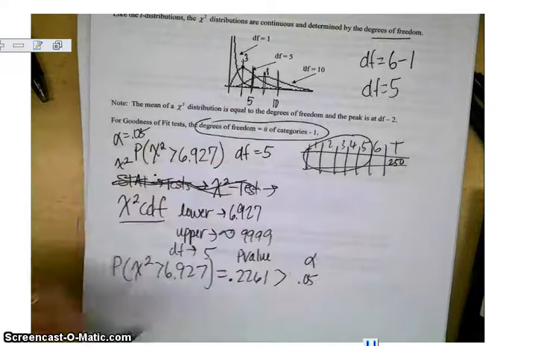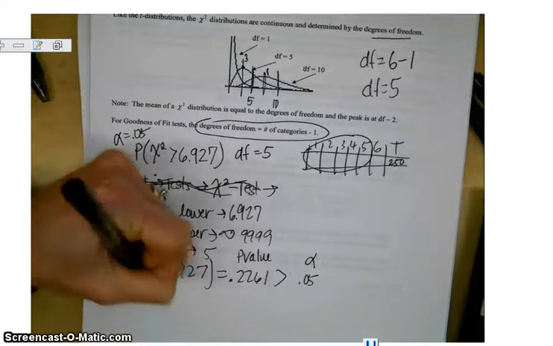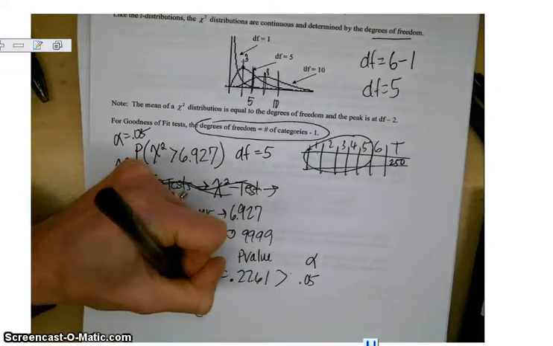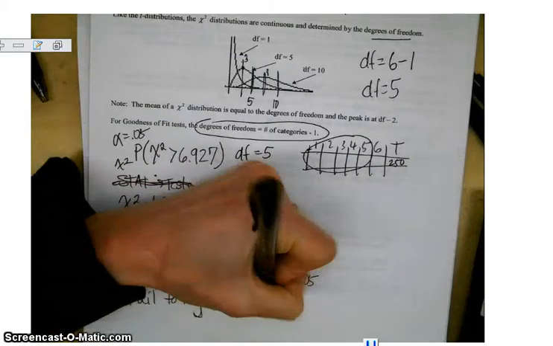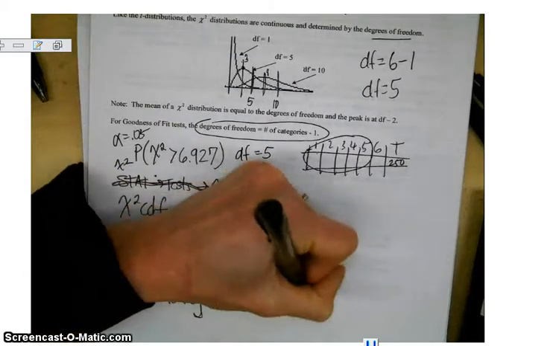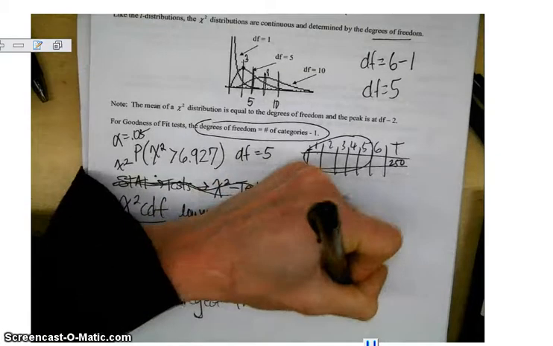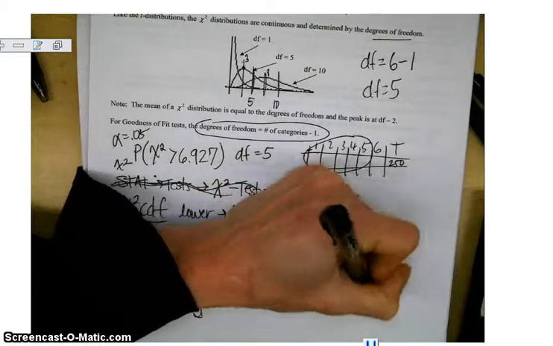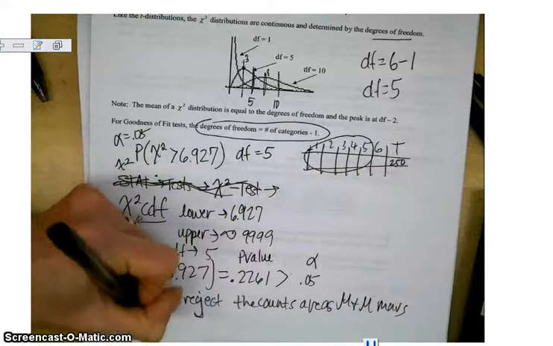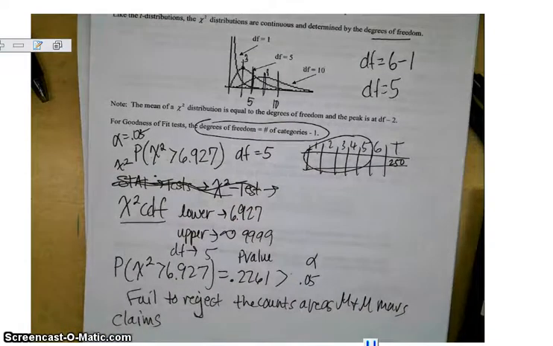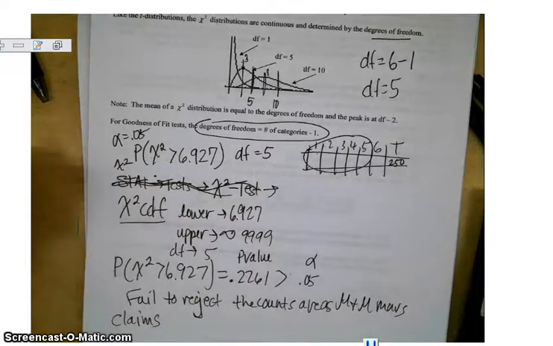It's greater than, so I'm going to fail to reject the null. Fail to reject. The counts are as the company claims, as M&M Mars claims. So our counts are not so surprisingly different.